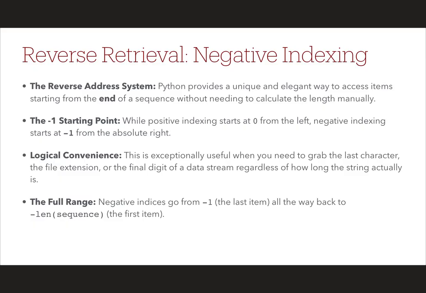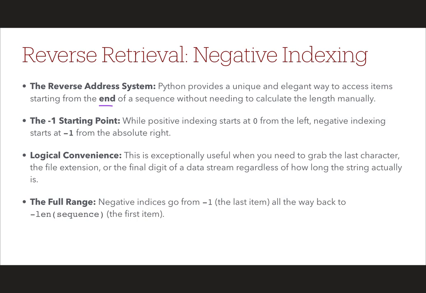Now, many programming languages like C and MATLAB allow only non-negative index values. In Python, the negative index is also allowed. So Python provides a way to access items starting from the last item in the sequence to the first one, from the end of the sequence to the first one.